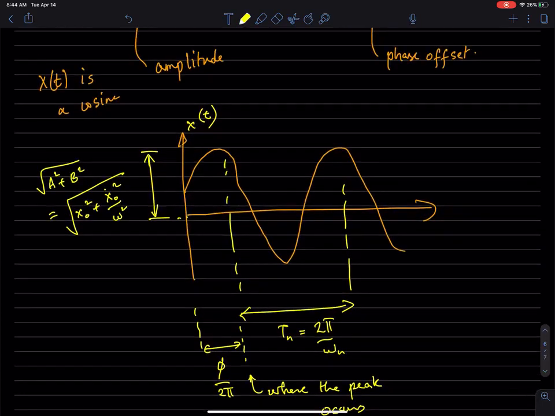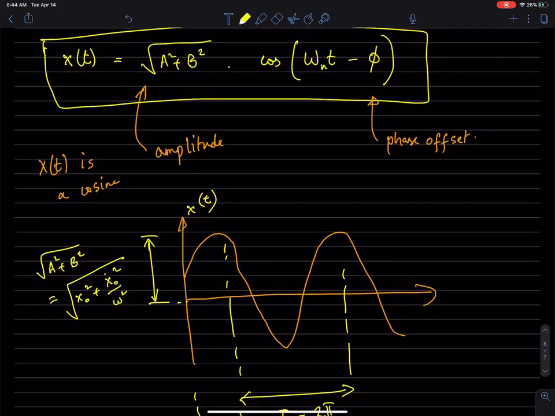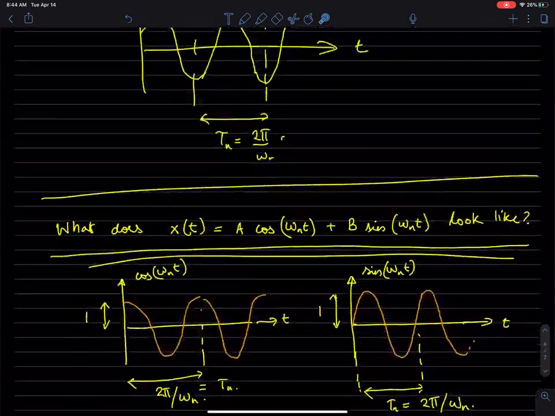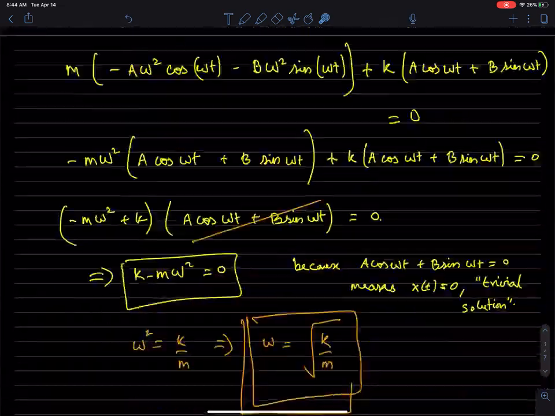So this is basically a time shifted or phase shifted cosine with this amplitude and this frequency. This is the big derivation.